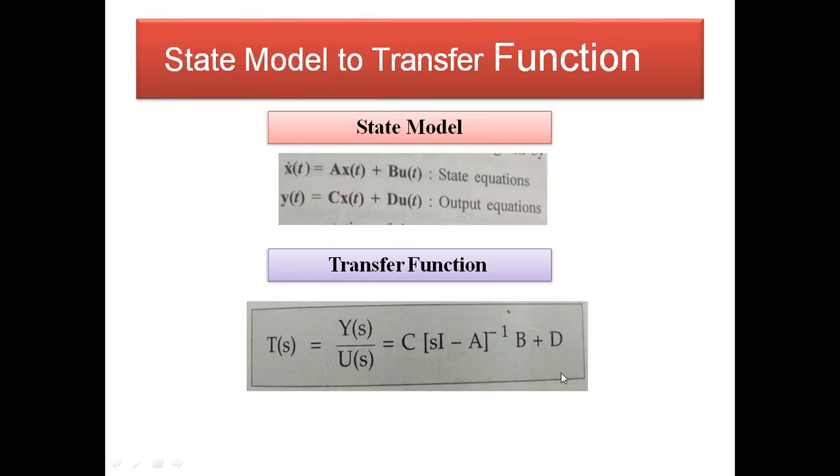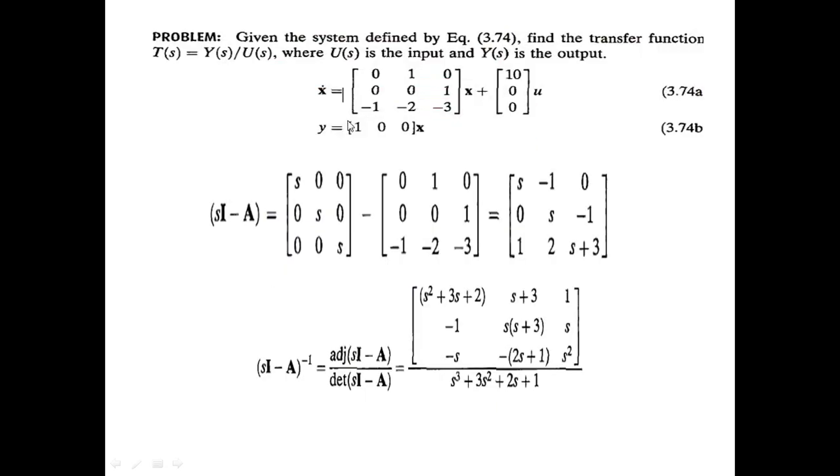Before finding out (sI minus A) inverse, let's see what sI minus A is here. I is an identity matrix, so it is an n cross n matrix again. So we have s multiplied by the identity matrix, that is a 3 cross 3 matrix. If I multiply s with I, we'll get s 0 0, 0 s 0, 0 0 s, and minus the A matrix that we know.